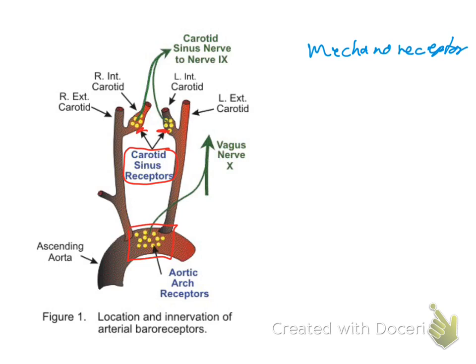But what is the purpose? We saw the location, the carotid sinus and the aortic arch, but the purpose is to detect or sense the pressure. So it basically senses pressure changes.